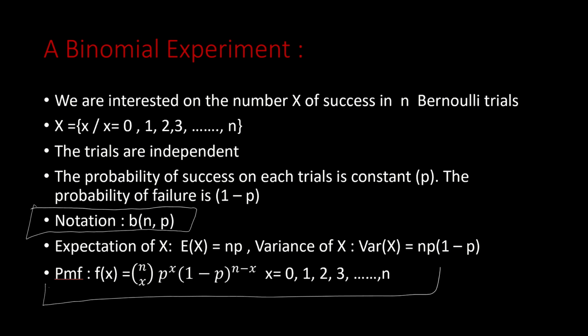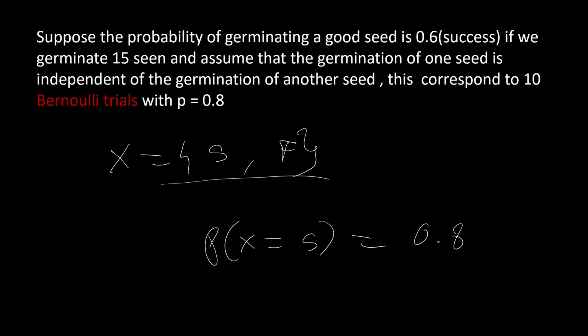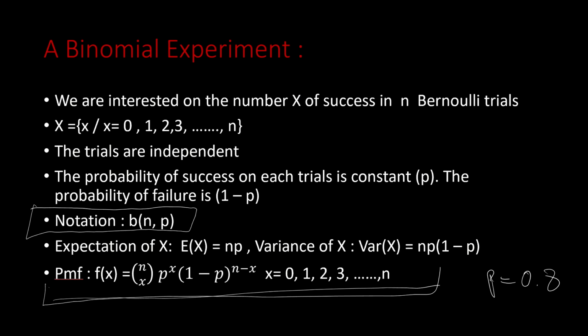So it's going to be this equation basically, and we have that p in this is going to be 0.8, right? So we just replace p by 0.8, and n in this case was 10, right? So n was 10.